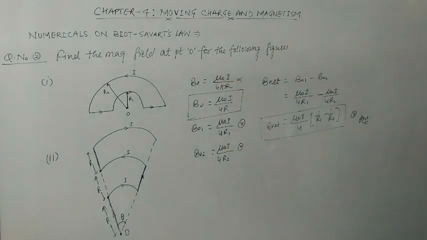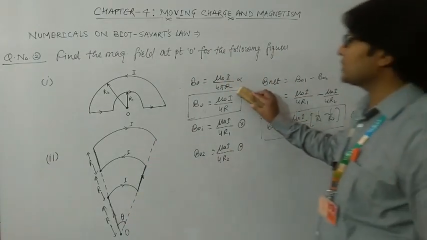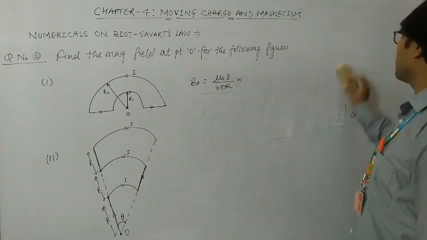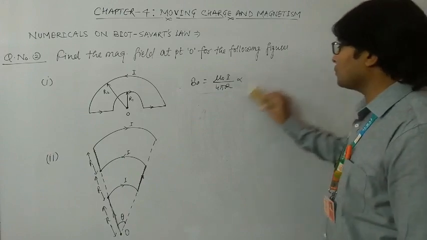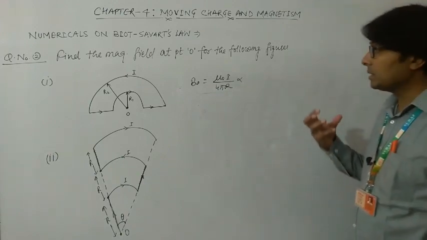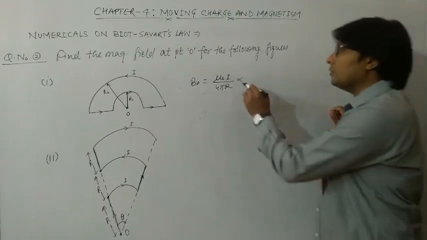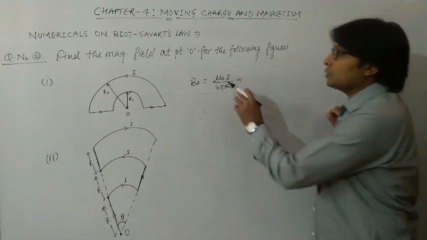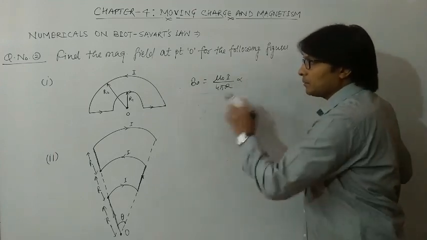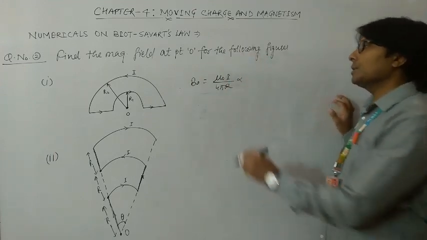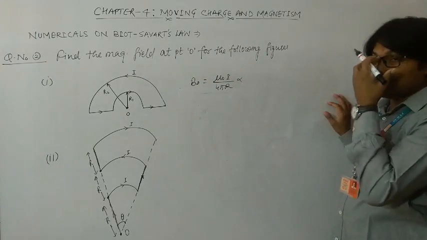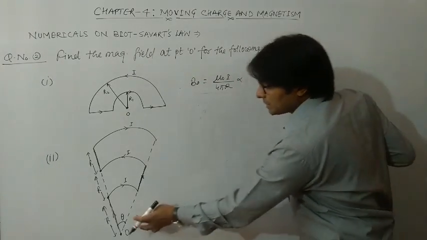Using this formula, the magnetic field at the center of a circle due to an arc which subtends an angle alpha, for a circle whose radius is r: B0 is equal to mu 0 I upon 4 pi r into alpha, and the value of alpha is theta.